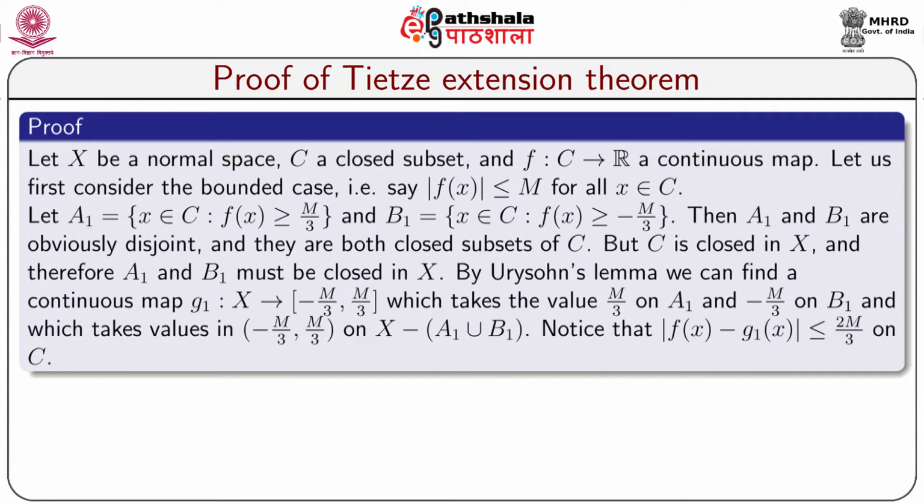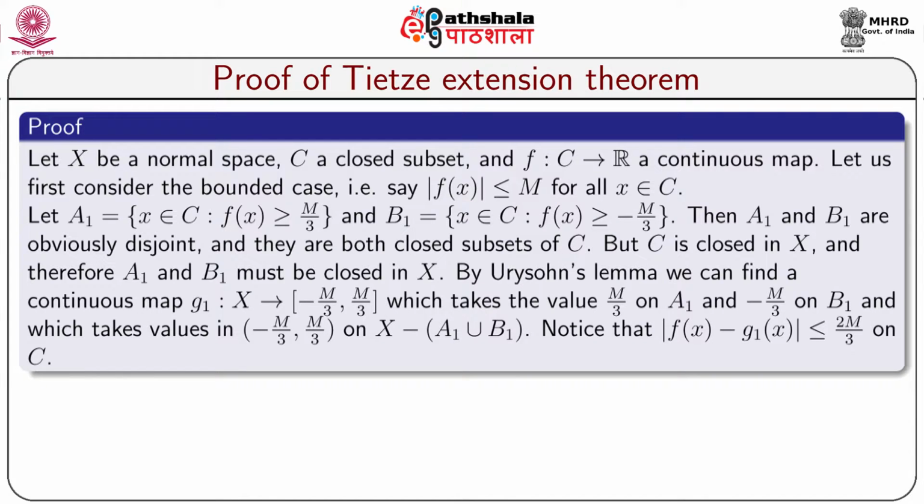Let X be the given normal space and C be a closed subset, and let f from C to R be a continuous map. Let us first consider the case where f is bounded. We shall handle the general case separately. Since f is bounded, there exists some positive number m such that |f(x)| is less than or equal to m for all x belonging to C.